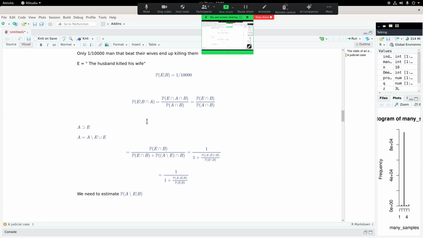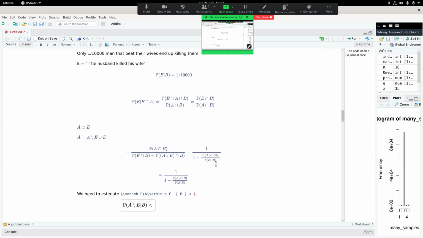So we can simply say that this is equal to... we need to bound it from above.